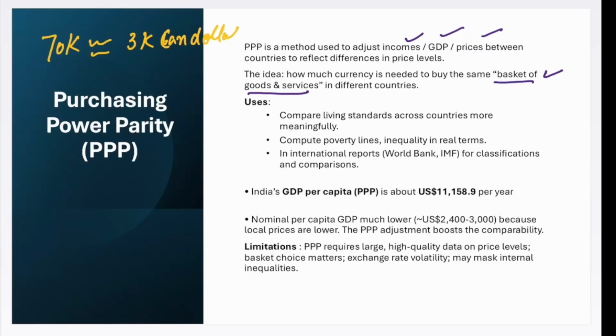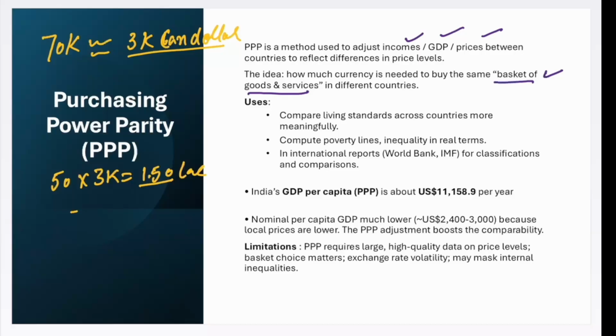So they've spent 3,000 Canadian dollars for that. Today, if we take the value of a Canadian dollar as rupees 50, then 50 into 3,000 comes to 1,50,000 Indian rupees.